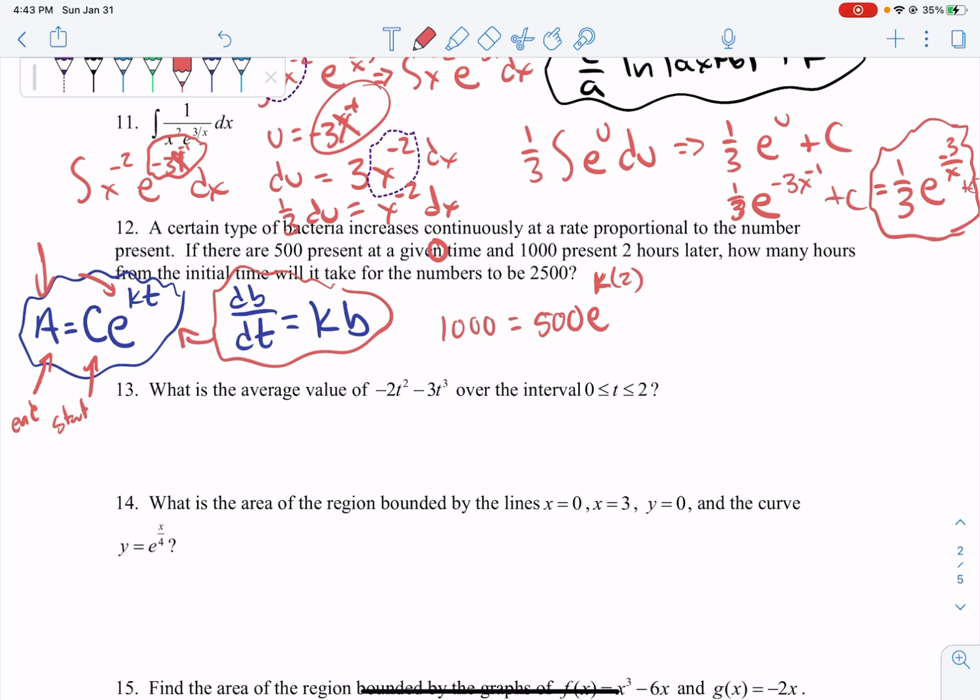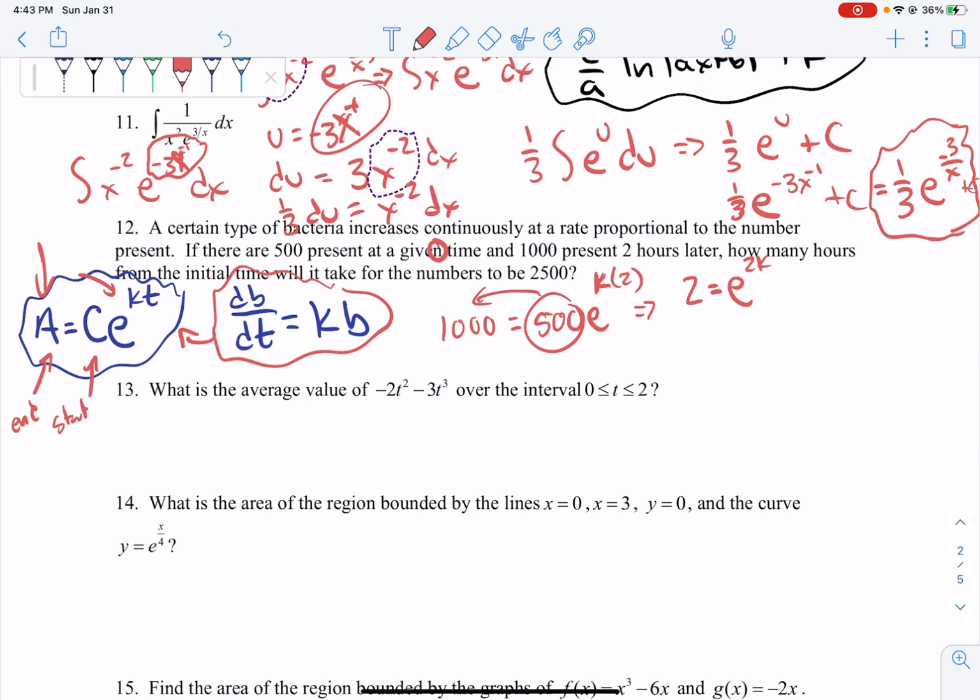So what I want to do is solve for K. Before I natural log both sides, I'm going to take this 500 and divide it over here, because then I end up with 2 equals e, and I'm going to rewrite this as e to the 2K.